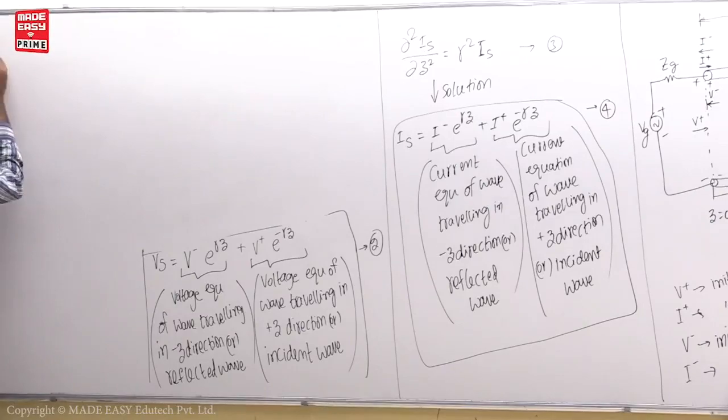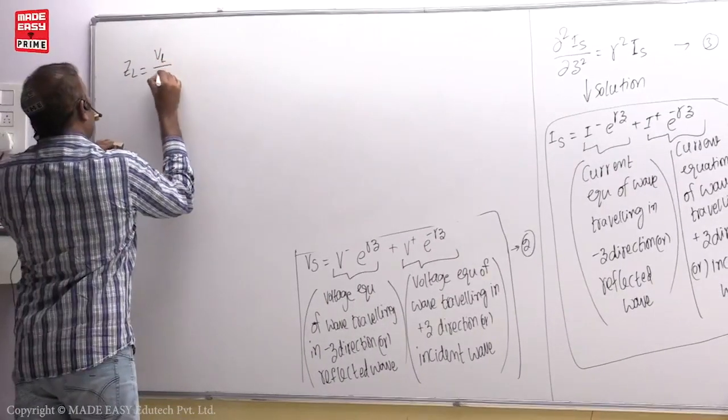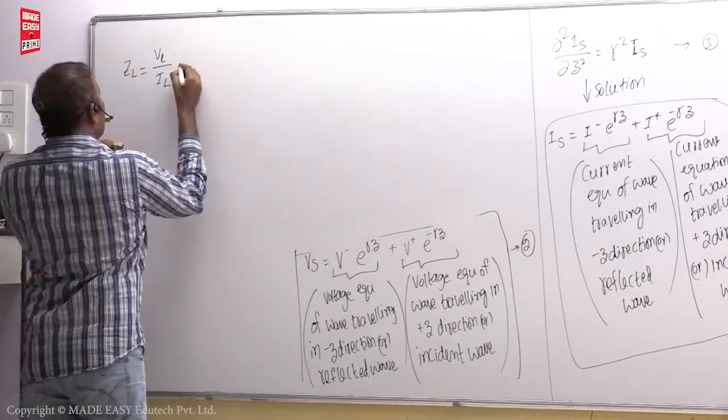So here ZL is equal to VL divided by IL.